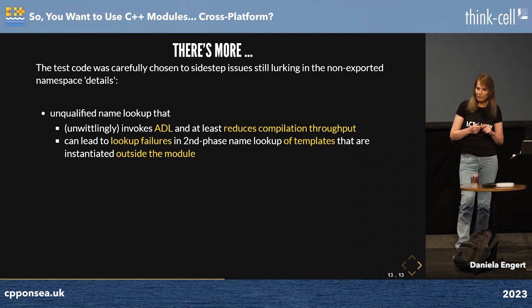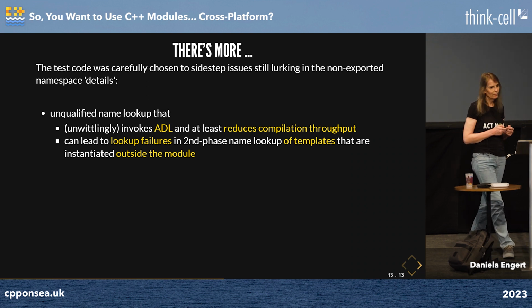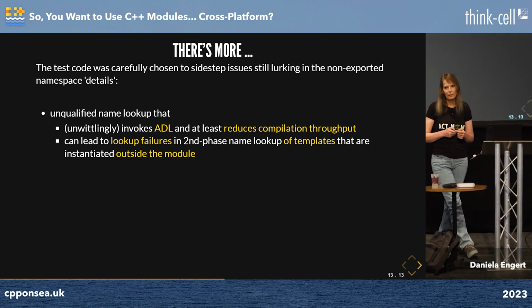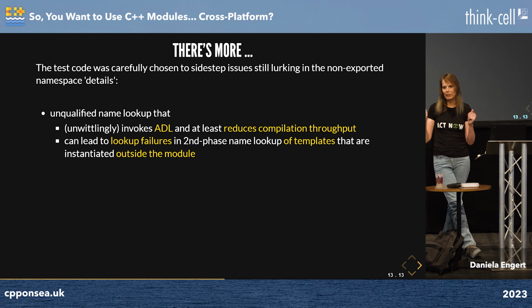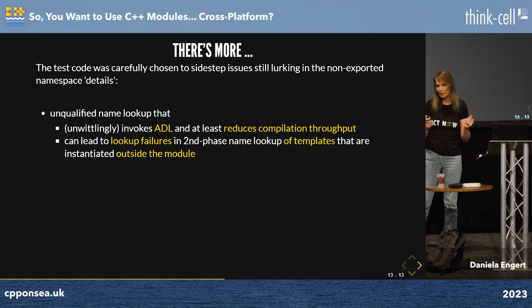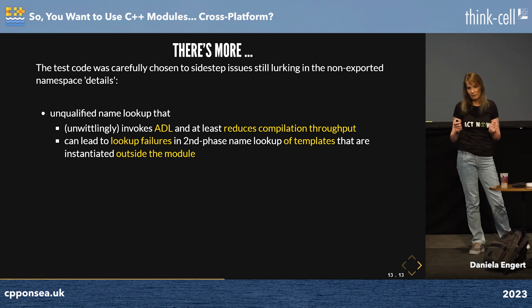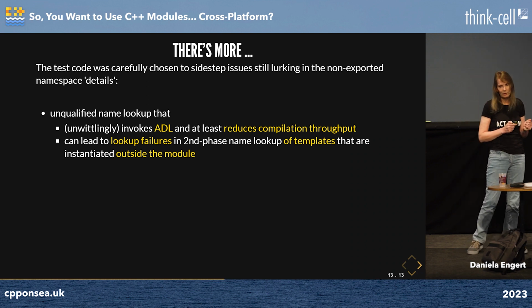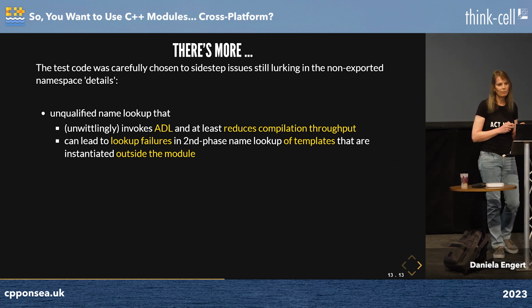So if you're instantiating templates, there may be entities in there that are not made visible to the user of this module, and it can lead to lookup failures. So as a general rule, try to avoid ADL wherever you can, unless you really need it. This is made for customization points, not for daily use.